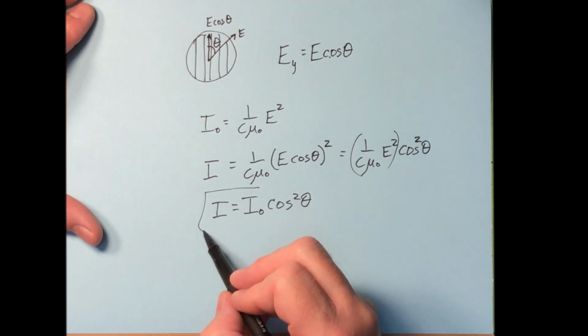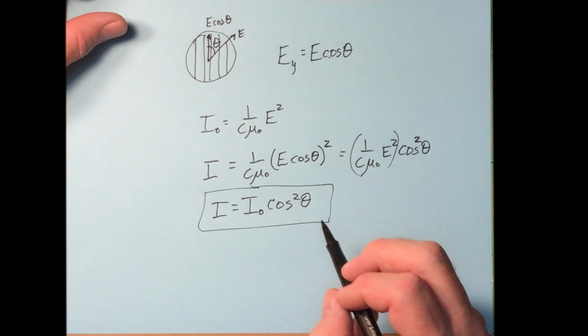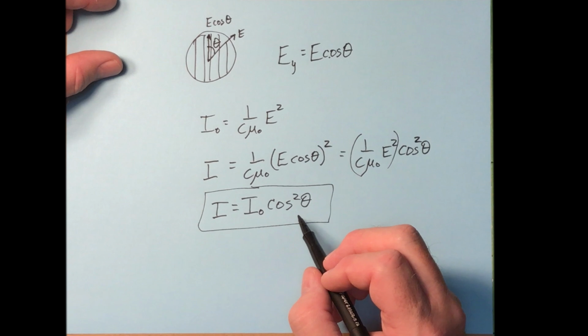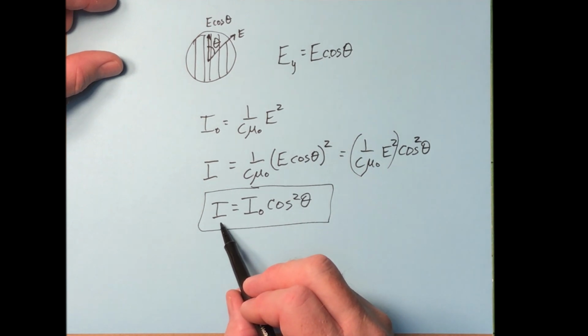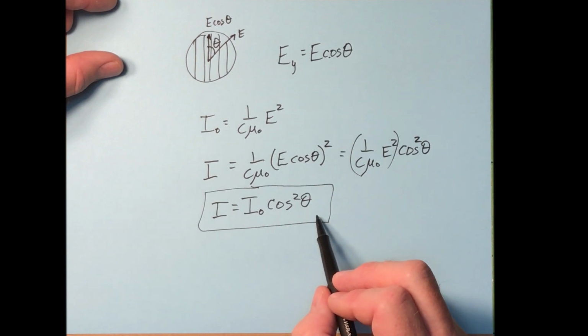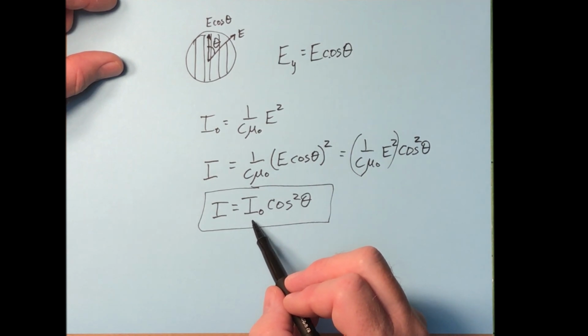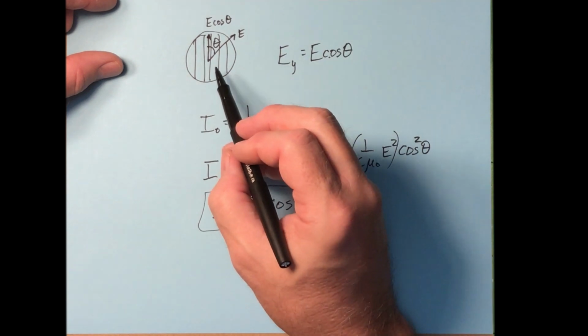Now, this is the one that I want you to know. For already polarized incident light, the intensity after it passes through the polarizer is given by this equation right here. So I naught here would represent the intensity of the light that is incident upon this.